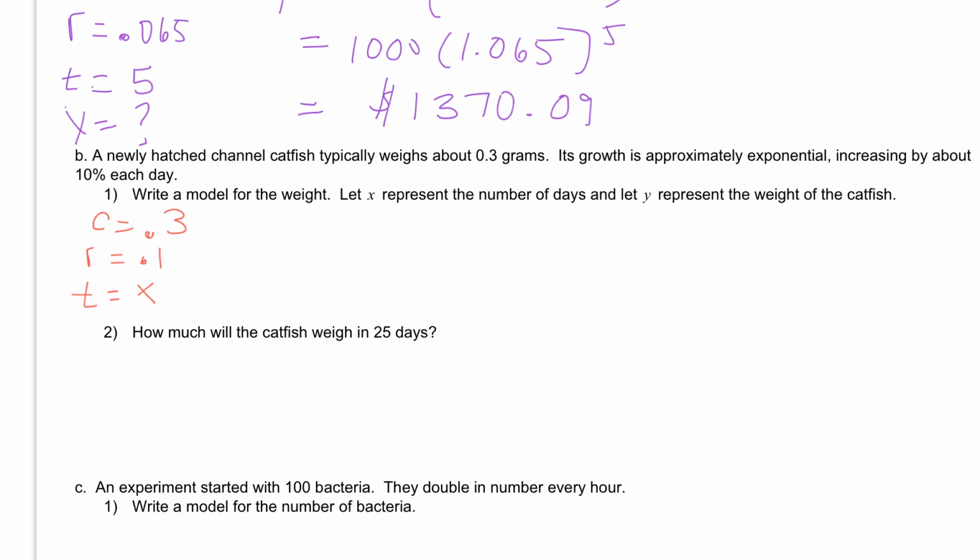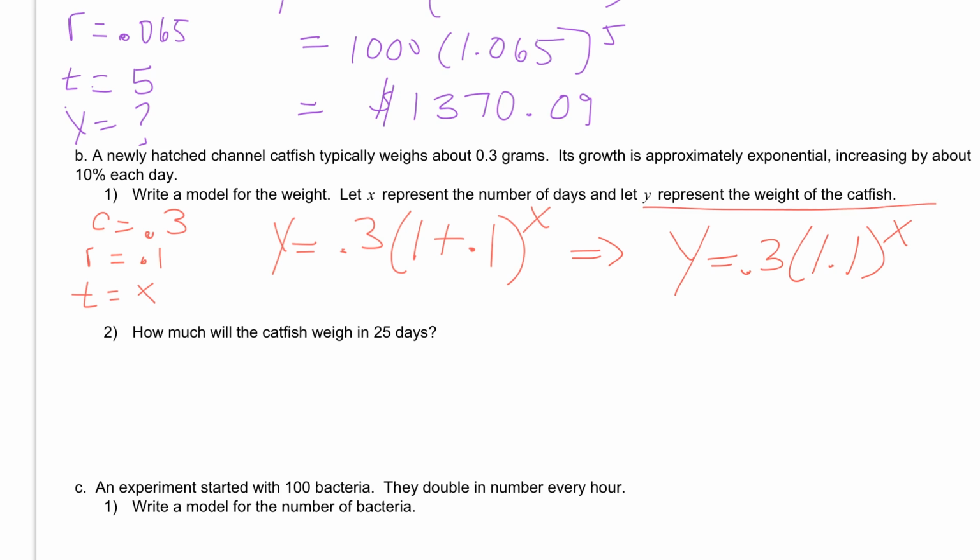So we have Y equals 0.3 times 1 plus 0.1 raised to the X. And then we're going to always simplify what we have in here. So let's add those together to get the most simplified equation. And that's going to be Y equals 0.3 times 1.1 to the X. That's our model.